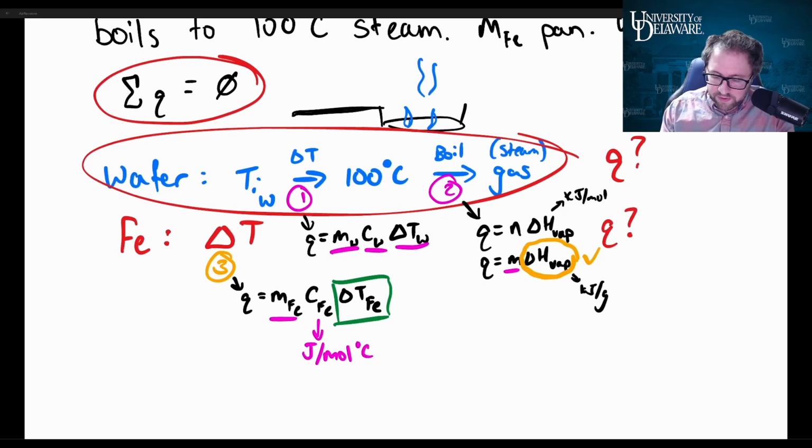So we do have to be careful that we account for that. We can't just plug mass in here. We have to do some kind of conversion. And then we can find delta T. So we know everything else. We know that, why don't we add QFe, QW, Q, we'll just call it QFAP.